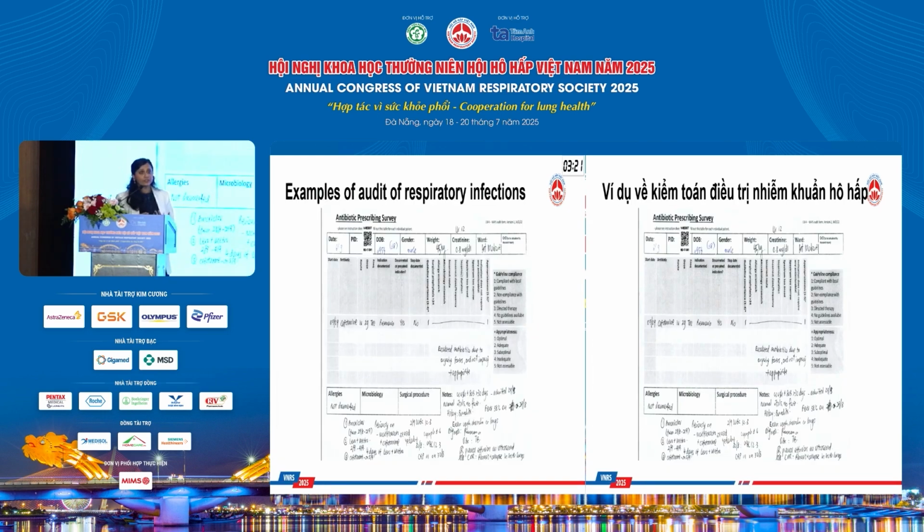I've put in some examples just to show the method of what we go through. So we take all the patient particulars down, and we write, okay, on that day, the patient was on cefotaxime for pneumonia.